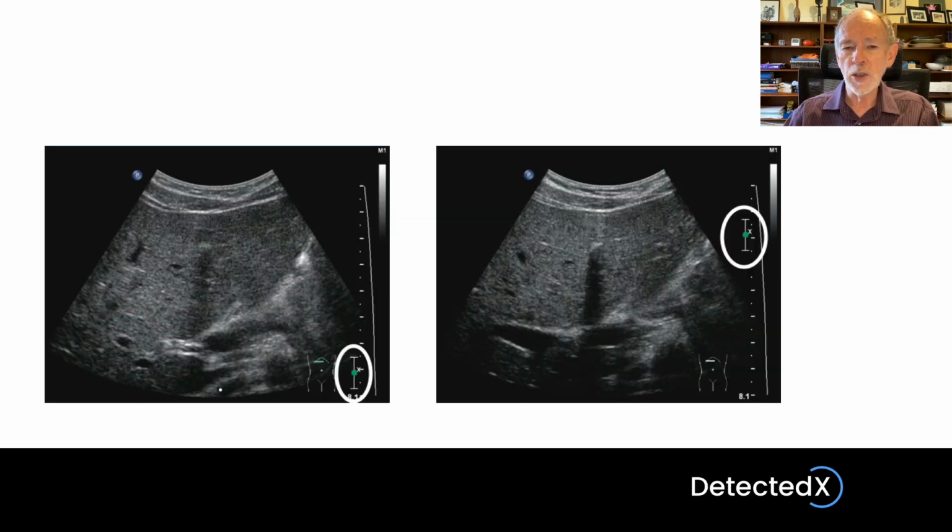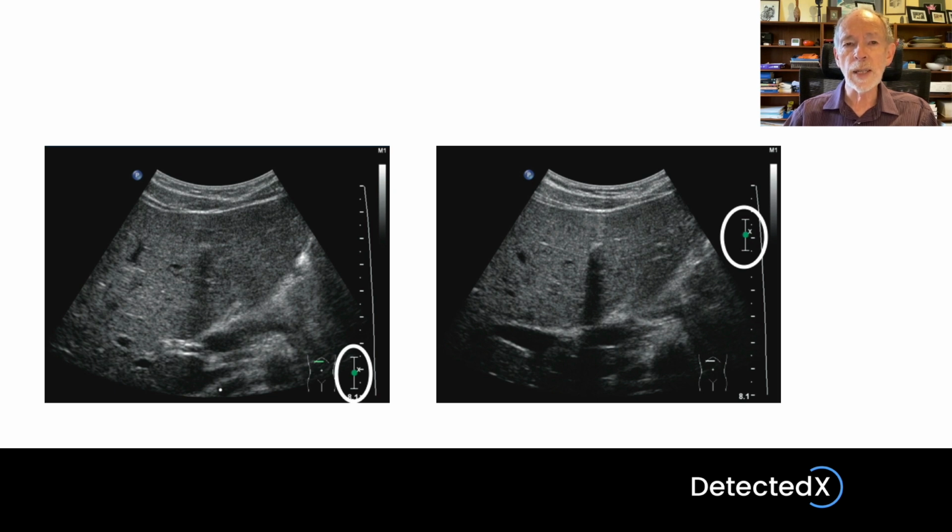Here's an example of shadow caused by something within the liver. On the left-hand side, the operator of the machine noticed the suggestion of a shadow in the center of the liver. You'll notice in this image that the focus is set deep in the image, which is what you would normally do if you wanted the entire liver to be relatively uniformly focused.